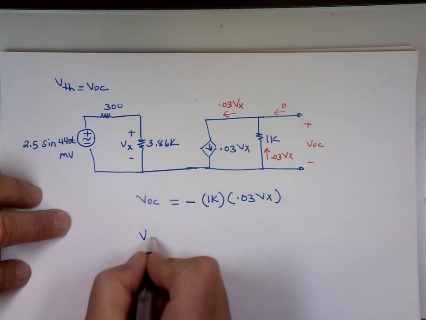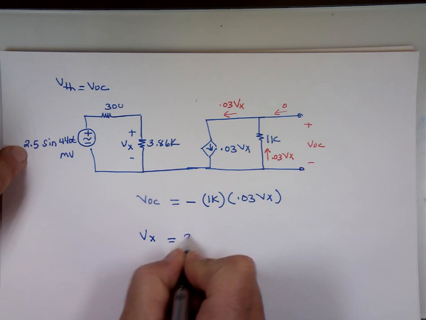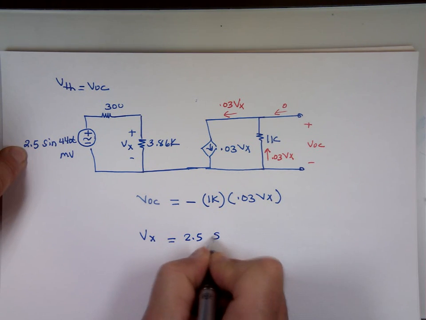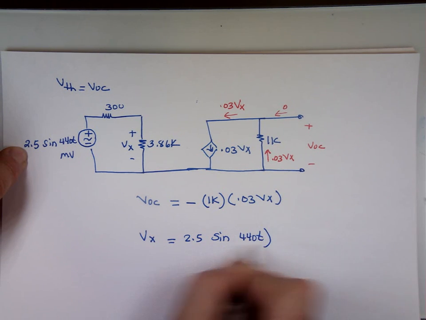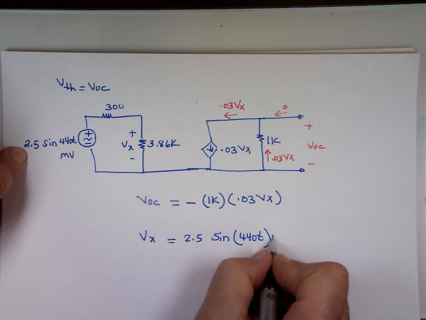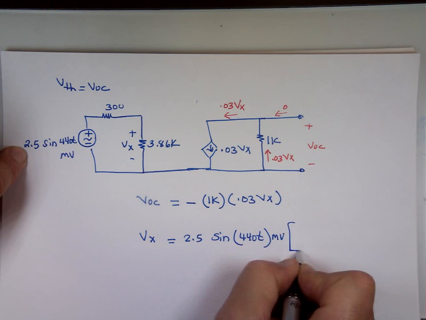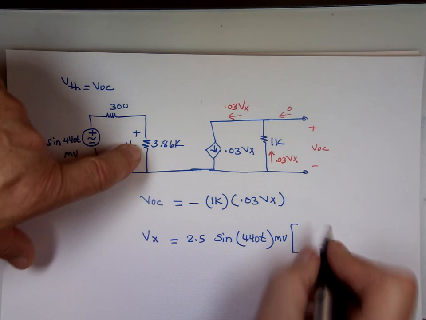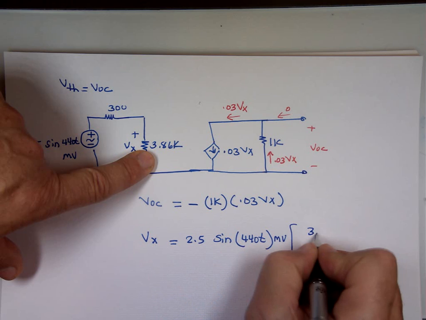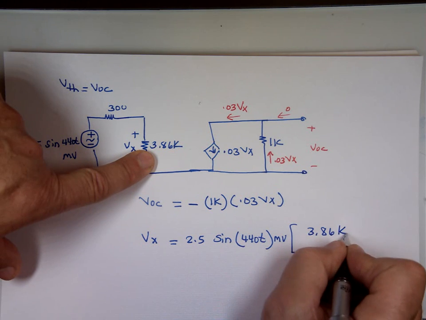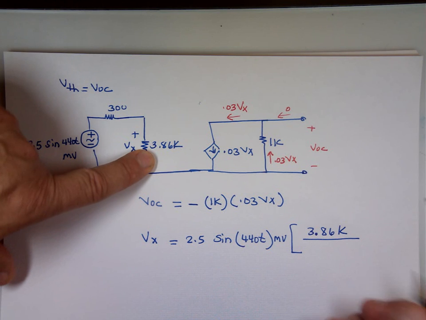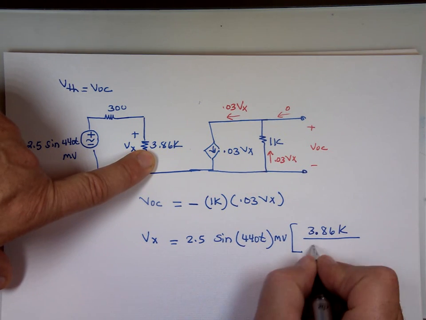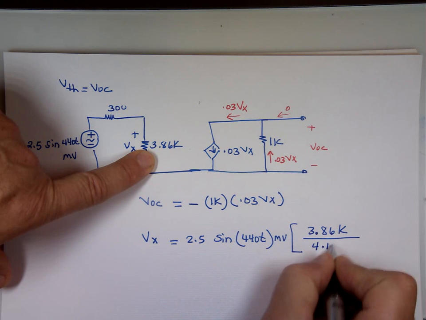It's this source, which is 2.5 sine 440t, that's in milli, times that resistor, 3.86K, divided by the sum of them. So 3.86 plus 0.3, what's that, 4.16? That's not a K, that's 300.